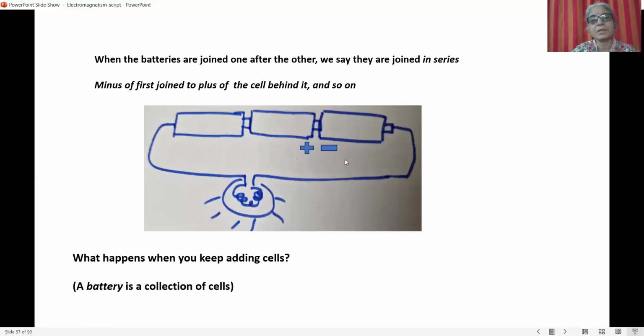In a series connection, the negative terminal of the cell is connected to the positive terminal of the cell behind it. You can connect any number of cells like this. The positive terminal of the first cell is used as the positive terminal to connect to the bulb, and the negative terminal of the last cell is used as the actual negative terminal.